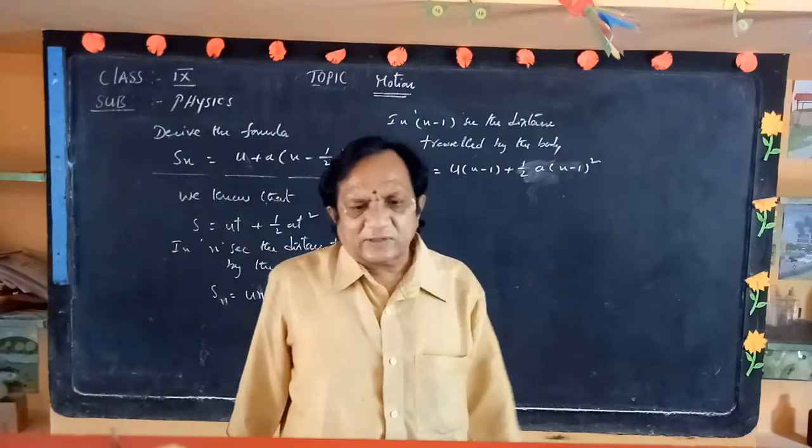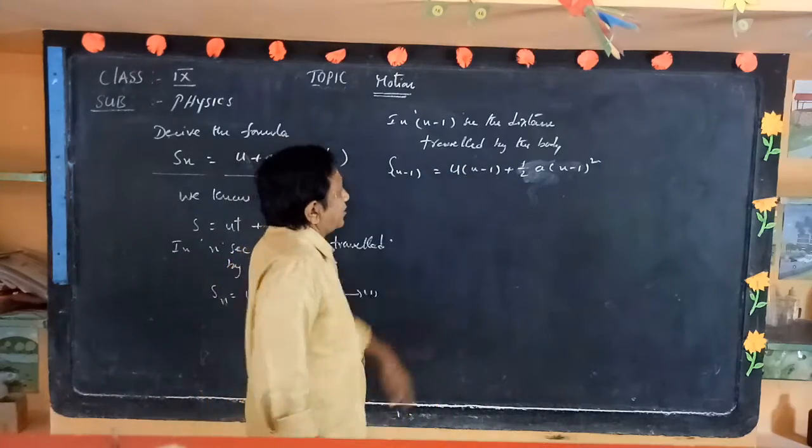Now, (n minus 1) whole square means what? That is the (a minus b) whole square application.